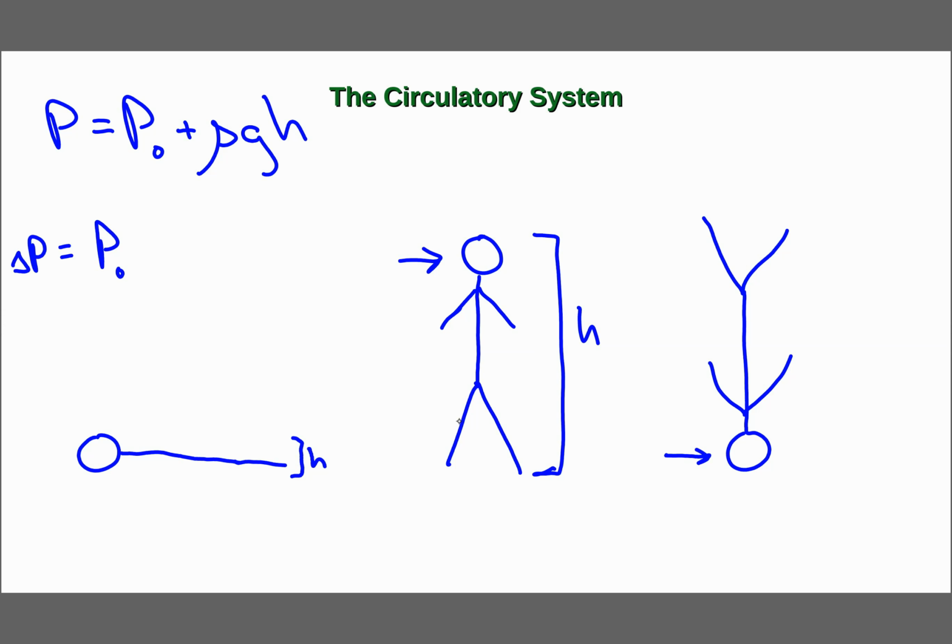So delta P equals the pressure when your head is at the bottom, which is P naught plus rho g h, where h is your height, right? Minus the pressure when your head is at the top, which is just P naught, okay? And so we get that the change in pressure is rho g h, where h is your height and rho is the density of blood, okay?